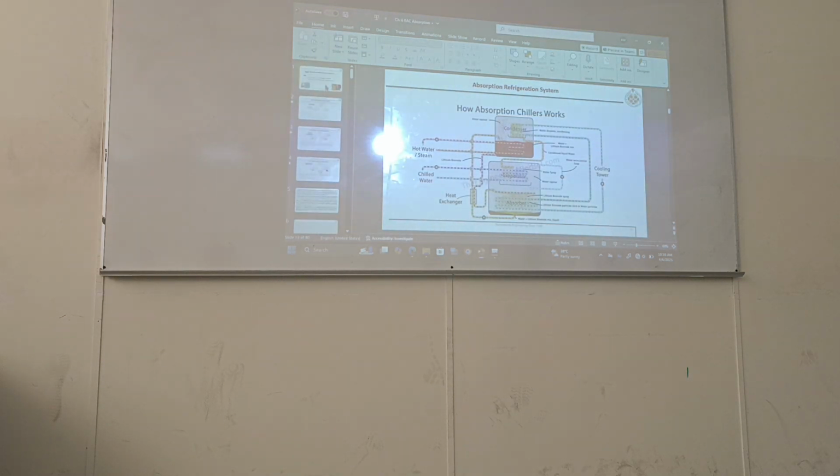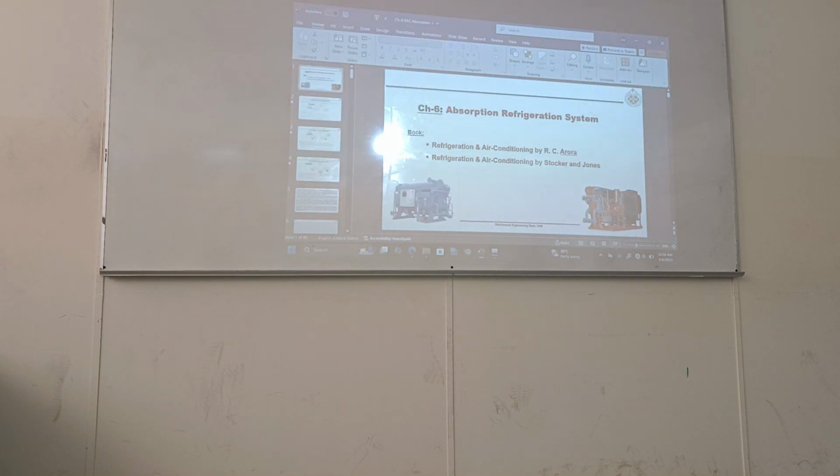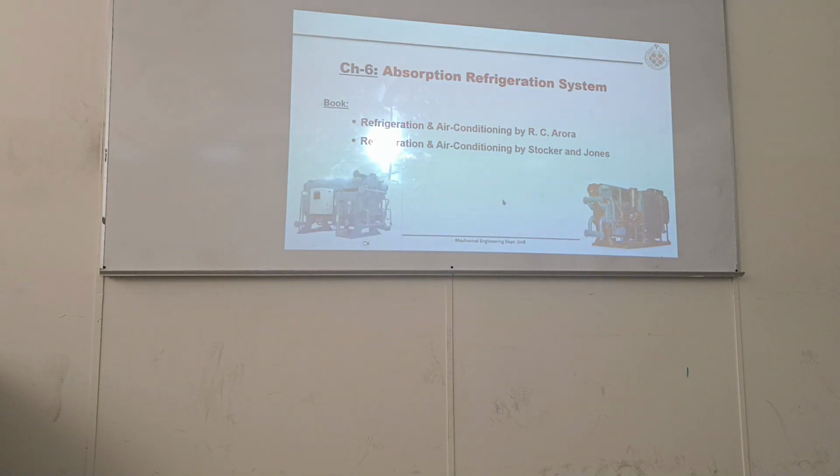Now we'll start the next chapter, chapter 6. So chapters 3, 4, 5 are for the test 2 exam. This chapter, chapter 6, is for those who will appear in the retest.